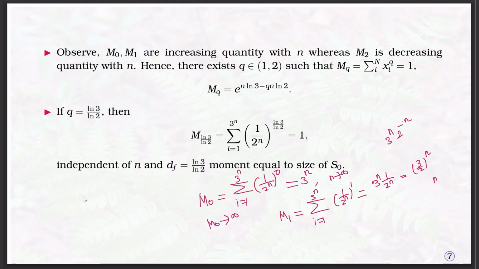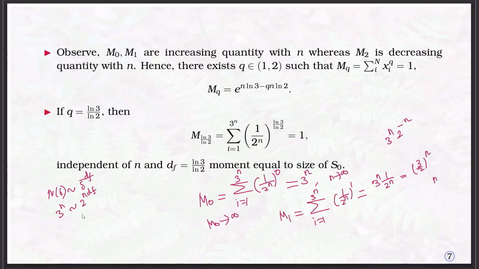So here the number of boxes required to cover the object is delta power minus df. Here df we obtained in the previous slide. Here 3 power n is equal to 2 power n df.